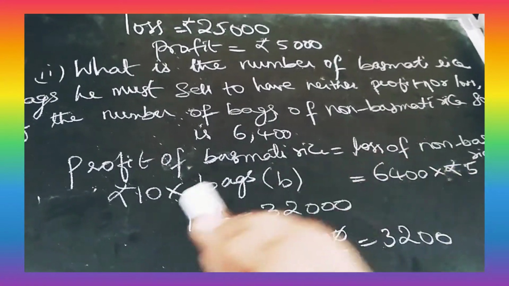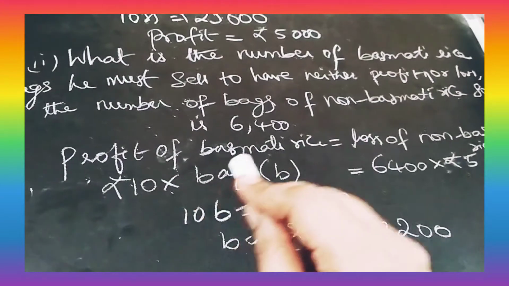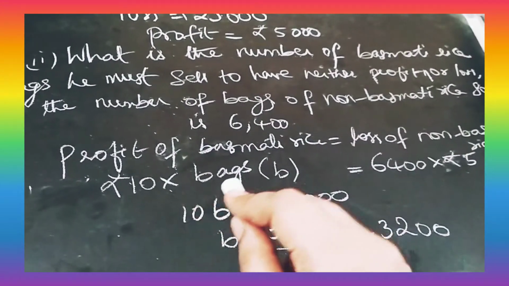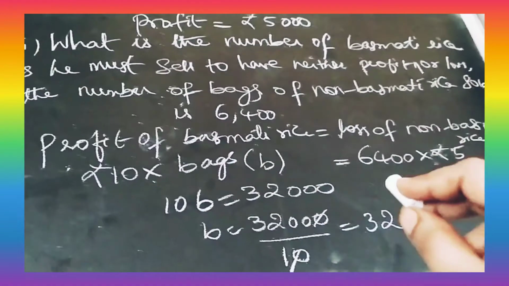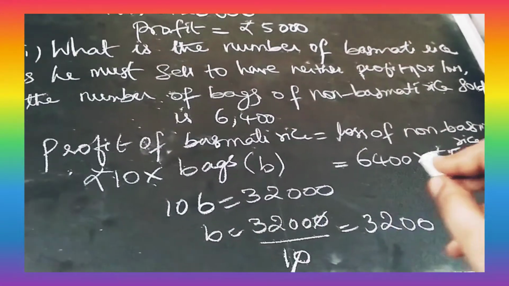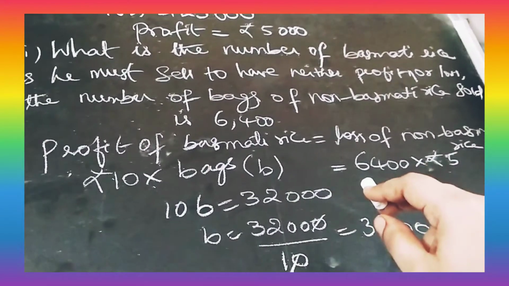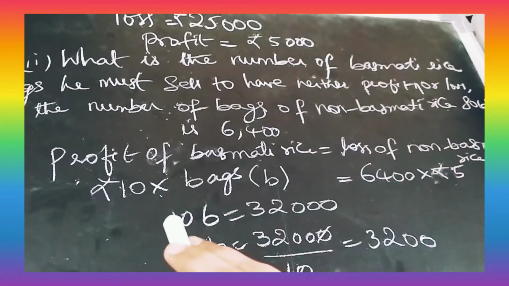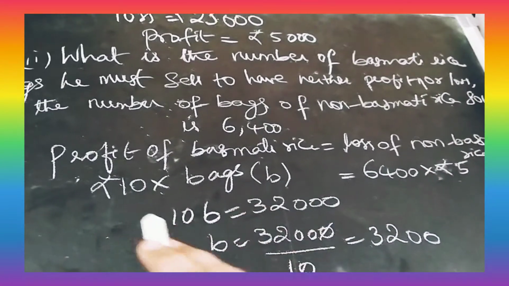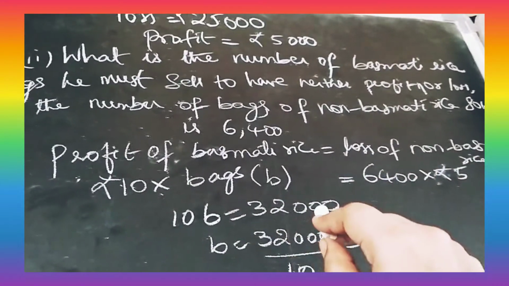So what we have to do here, profit of basmati rice is equal to loss of non basmati rice. Profit of basmati rice means rupees 10 into bags we don't know, so we will take these bags as B. Loss of non basmati rice means 6400 into rupees 5. So 10 into B is 10B. 10B is equal to 6400 into 5, which is 32,000.